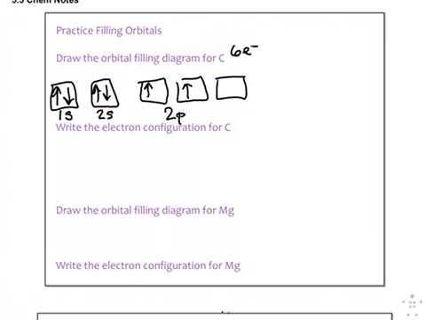So notice how in the 2p level, we only put electrons into 2 orbitals. Also notice that both of those electrons have to have the same spin. And we have to put all of the same spins in all of the orbitals. So we have to do all the up arrows. So if we needed an electron here, it would have to be an up arrow before we go back and fill in the second electron. Does that make sense?